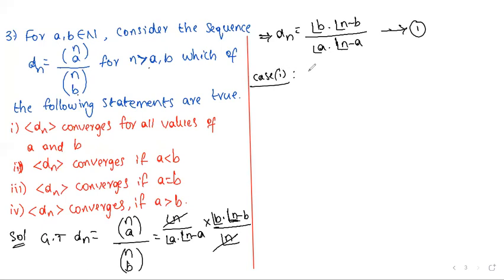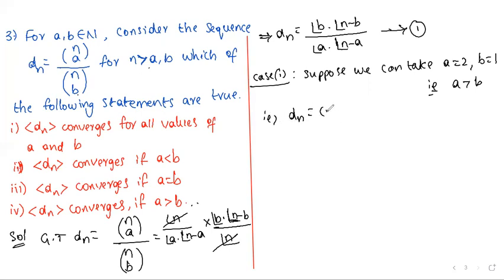Case 1: suppose we take a equal to 2, b equal to 1, so a is greater than b. This is the fourth option. If a is greater than b, then d_n is equal to (n minus 1) factorial by 2 factorial into (n minus 2) factorial.